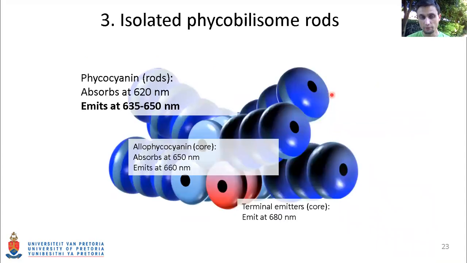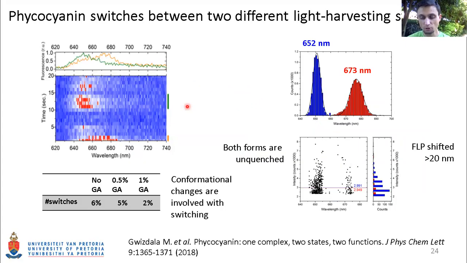Now, in the third and final example in this talk, we'll look at isolated phycobilisome rods, the most blue-shifted unit of the phycobilisome, emitting mostly at 650 nanometers at room temperature. When you illuminate a single rod, its fluorescence spectrum jumps between two states, with spectral peaks about 20 nanometers apart.